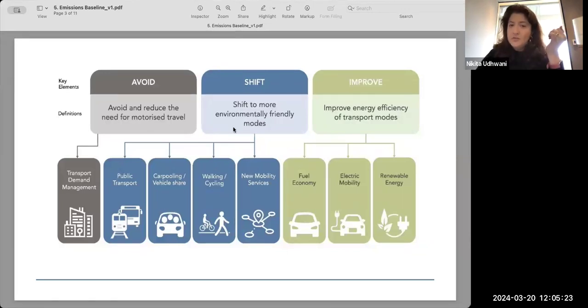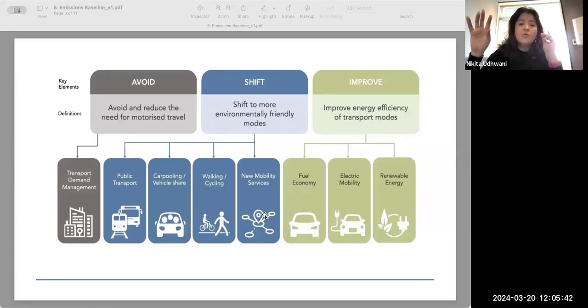And when you have also shifted as much as possible, you look at improving the efficiency of your existing transport modes. That's not to say that you cannot work on multiple activities at once, but what I'm trying to show with this slide is that it's important to prioritize activities in the avoid area, not only focus on improve, and to work your way through this in terms of prioritization from left to right.